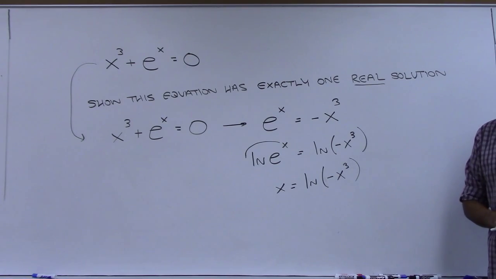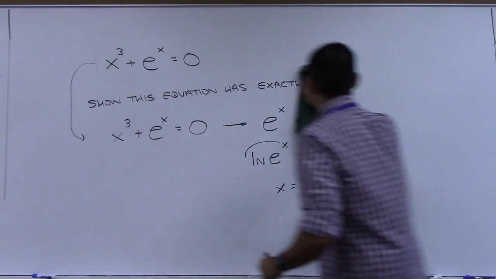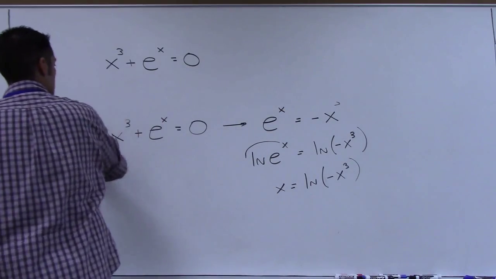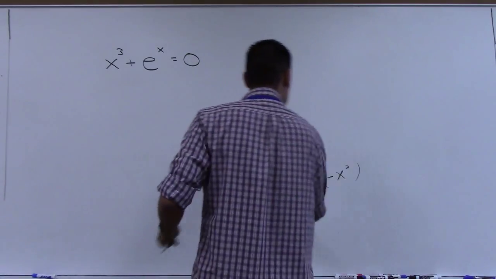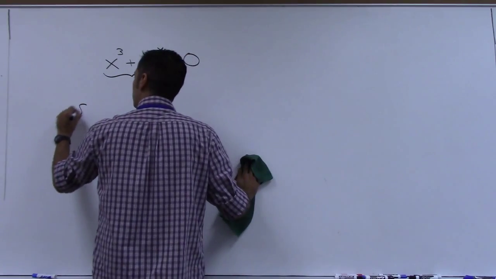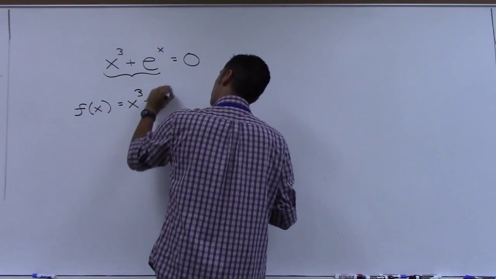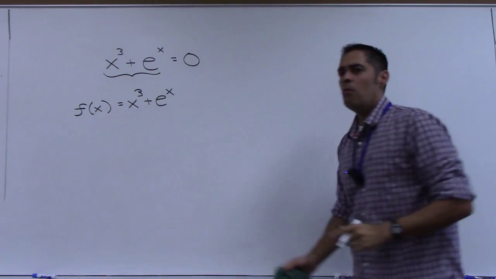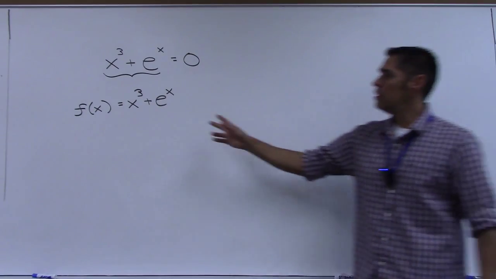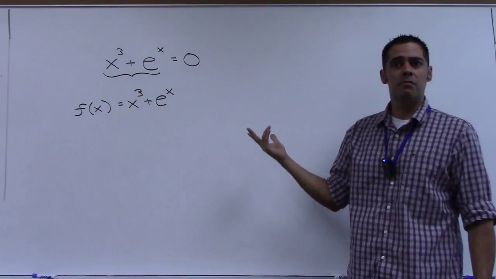So here's what we're going to do, and this is kind of cool. We're going to look at the left side of this equation as a function. I'm going to call it f of x equals x cubed plus e to the x. Whenever we take a function and set it equal to 0, doesn't that correspond to the x-intercepts?